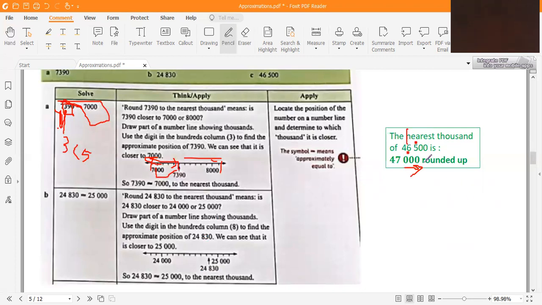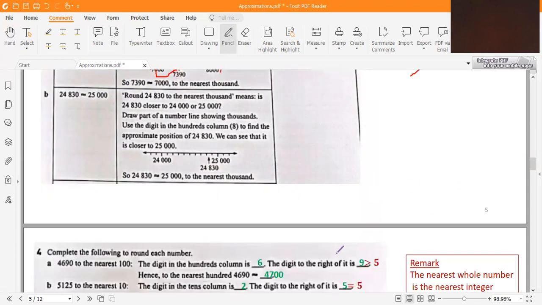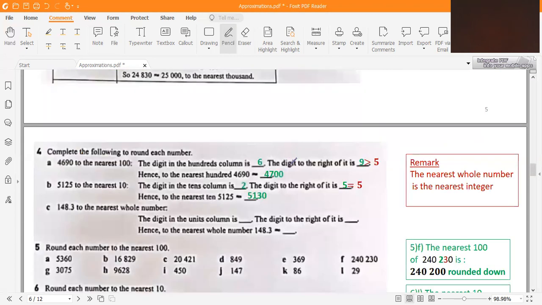We can say this is rounding up, because we search for the thousand which is bigger than this number, since we add 1 to 6. When we round down, we don't change anything in the digits, and we replace all the digits on the right by zeros.